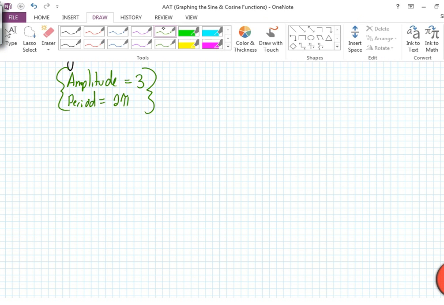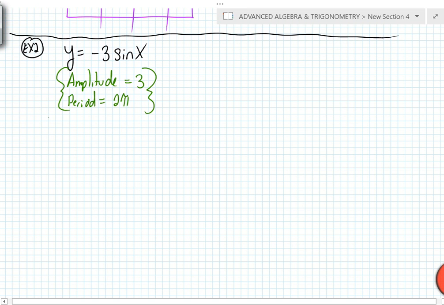If I use the table of values, I've got an x and a y. So I know that it's going to start when x is equal to 0, and then it will terminate when x is equal to 2 pi. That's going to be the one cycle that we showed before.